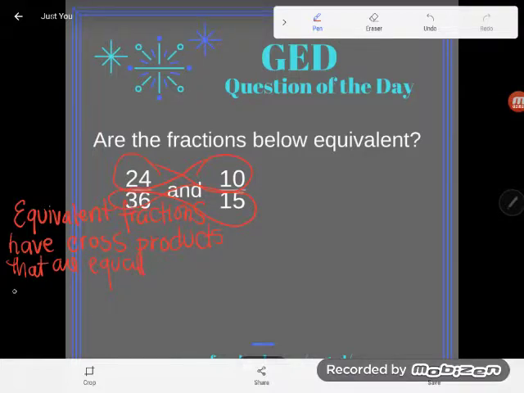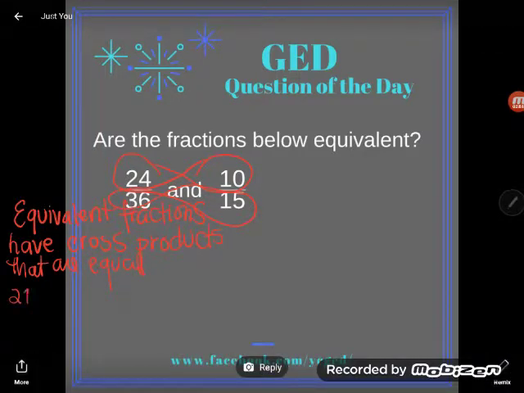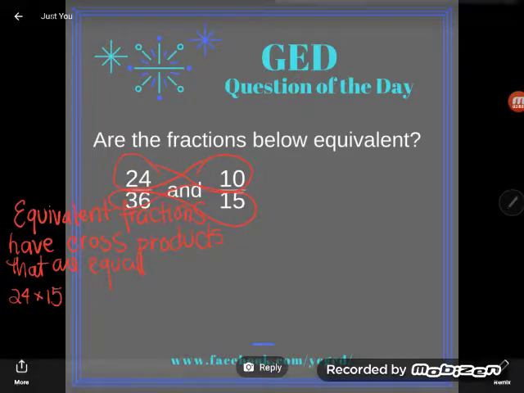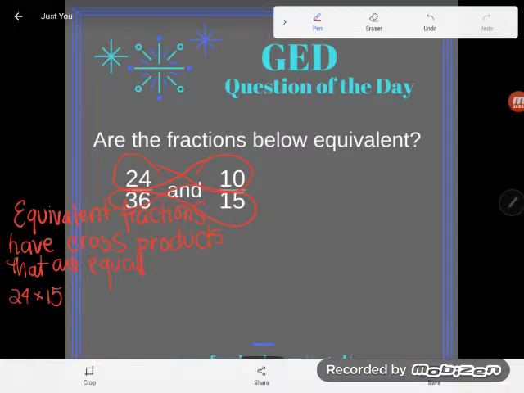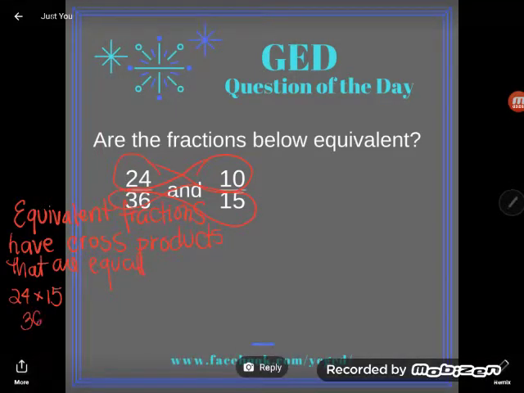So let's give it a try. Let's try the numerator of the first fraction times the denominator of the other. 24 times 15 is, I think it's 360, but I'm feeling a little slow today, so let's verify it in our calculator. It's 360. Now let's compare that to the other cross product, the other fraction's numerator times the other fraction's denominator.